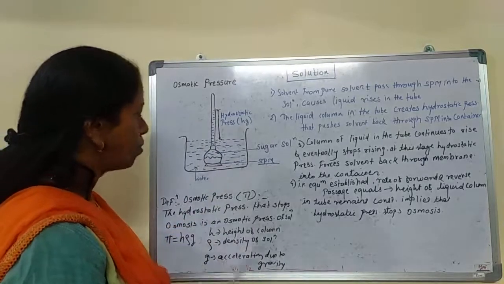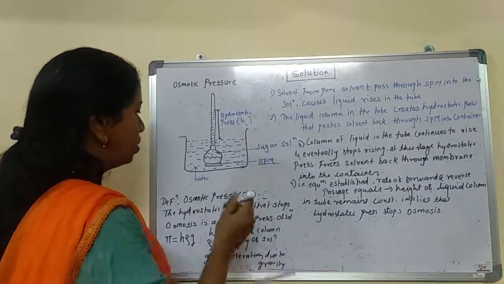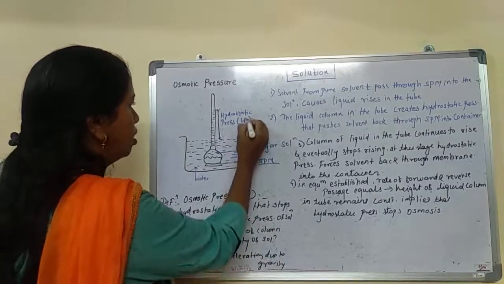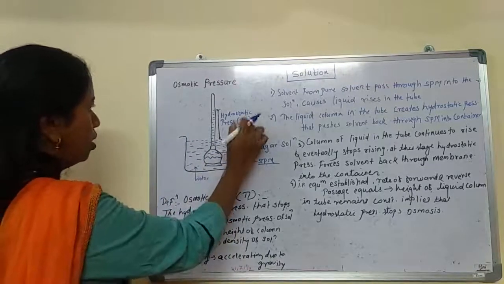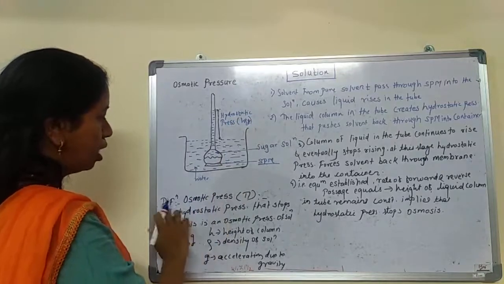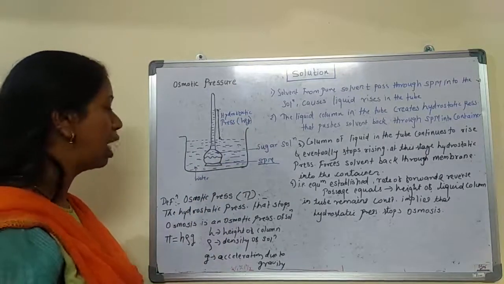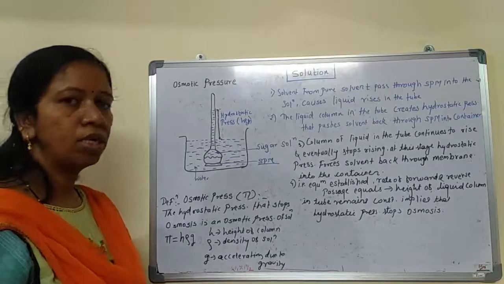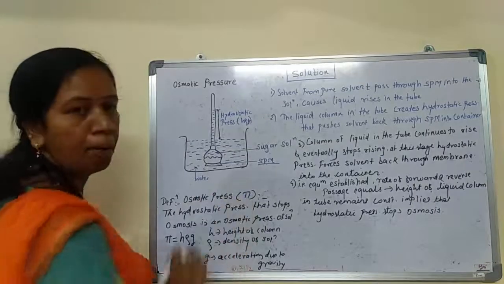Okay, then hydrostatic pressure, what is the definition for that? Osmotic pressure, or simply the hydrostatic pressure, is given by pi.